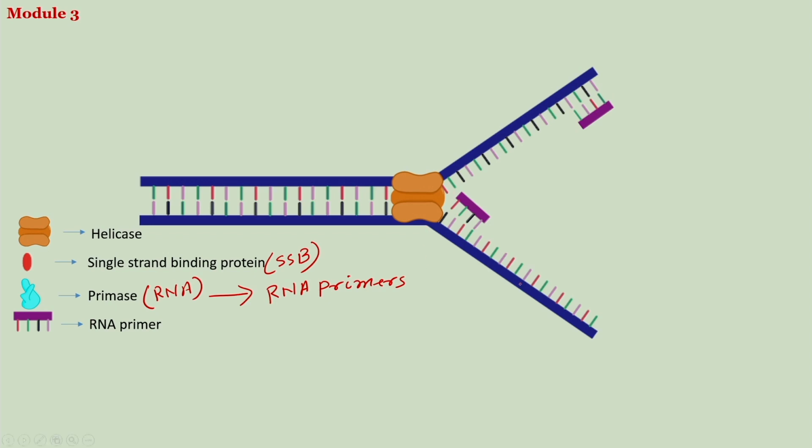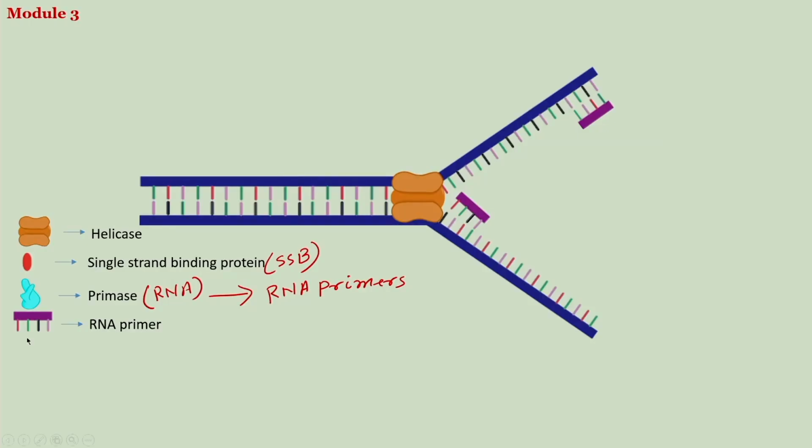They are short segments, and they will be hybridized temporarily to the single strand, and then you have the base. Now you can go ahead with the synthesis. I will discuss why these are needed. So, RNA primers are generated and they are hybridized to different strands.